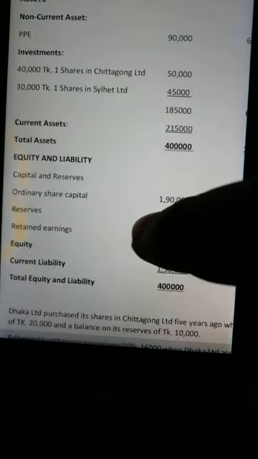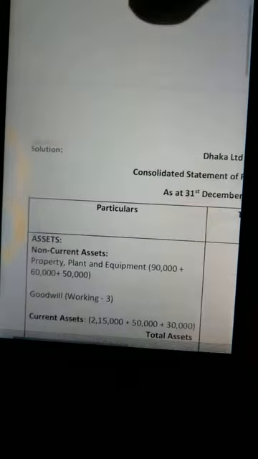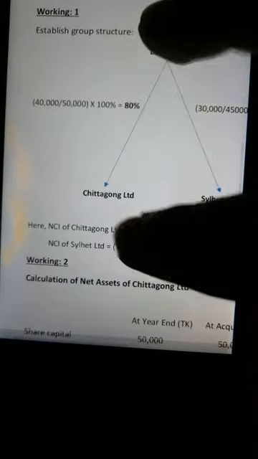Here, as we can see, we have 40,000 taka, 1 share in Chittagong Limited. If we calculate the group structure for Chittagong, it's going to be 40,000 divided by 50,000 into 100%, and then 30,000 divided by 45,000 into 100%. If we calculate this, we will find out.